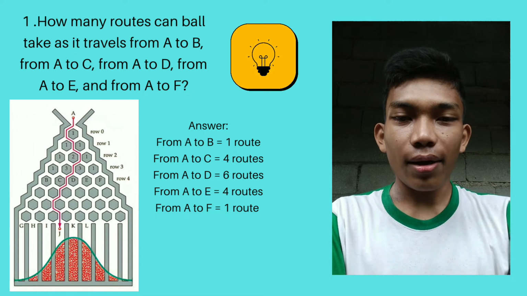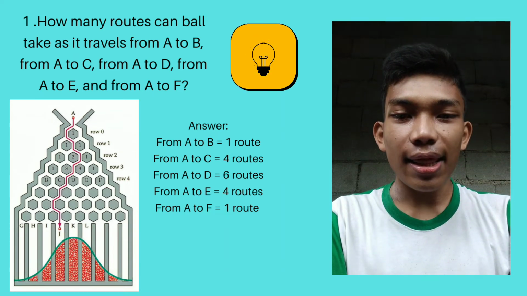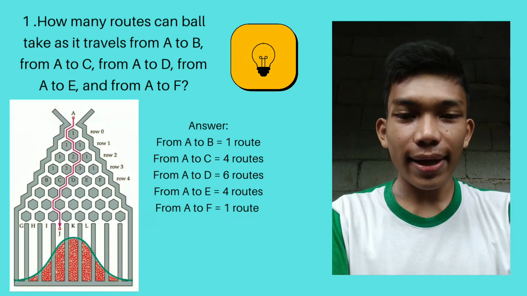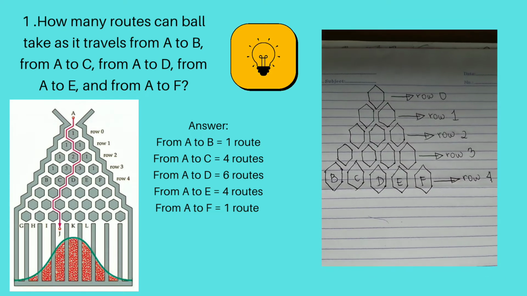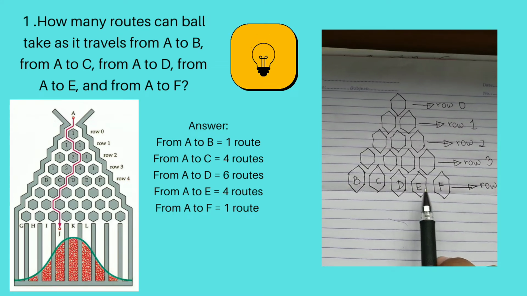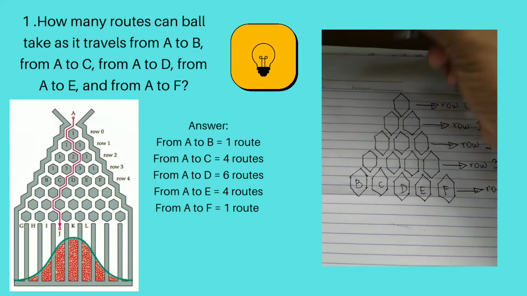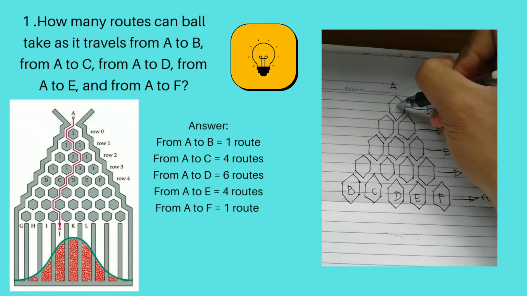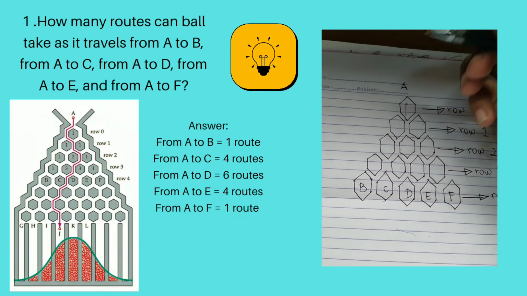To check the answer, let's solve the problem using the Pascal's triangle. So as you can see in the figure, there are 4 rows. So this is B, C, D, E, and F. And the letter A is here. So in this hexagon, there is 1 route to take.